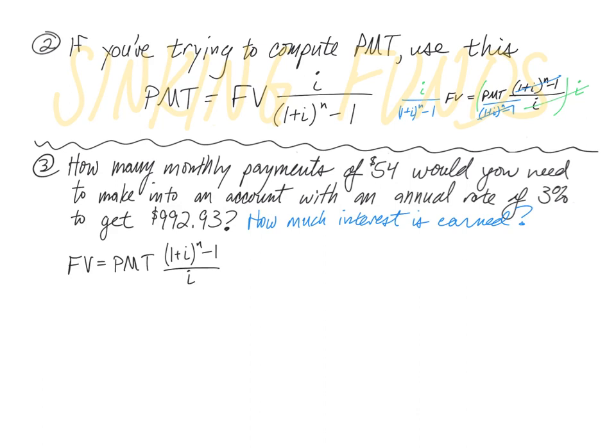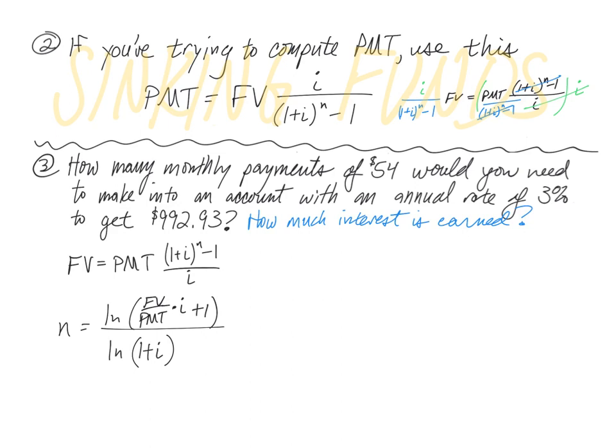On to example 3. Example 3 allows us to take a look at finding how many monthly payments. So in this formula here, we would be trying to solve for n. The question is, how many monthly payments of $54 would you need to make into an account with an annual rate of 3% to get $992.93? With a second question, how much interest was earned?